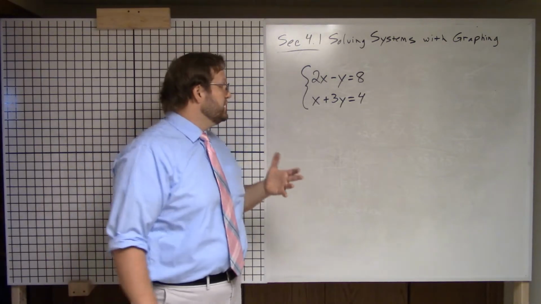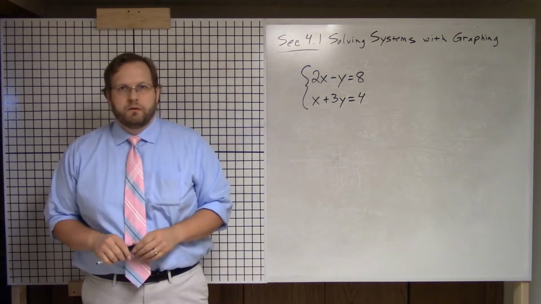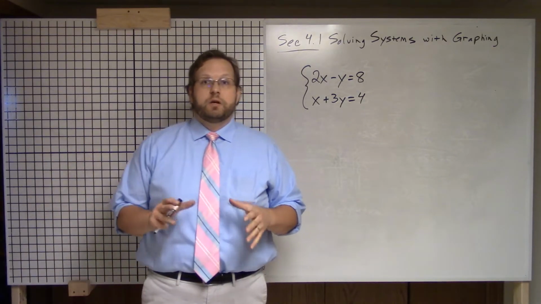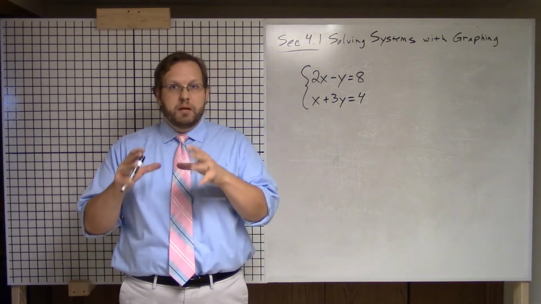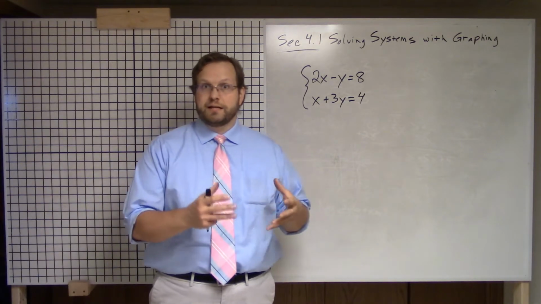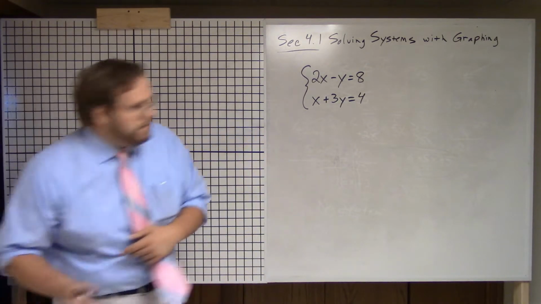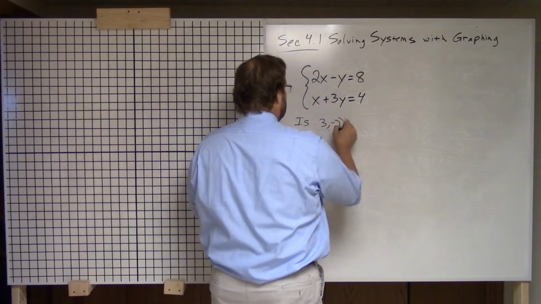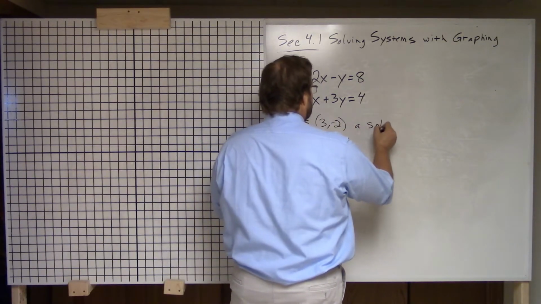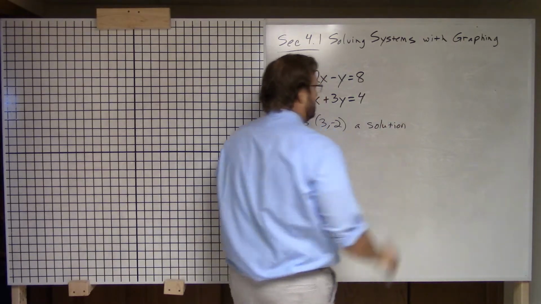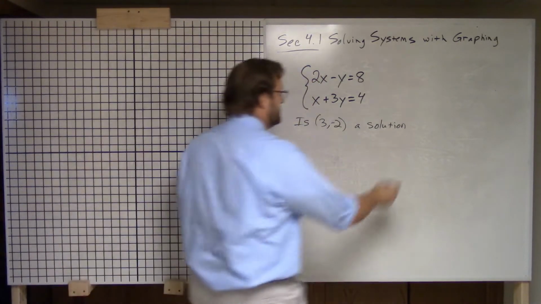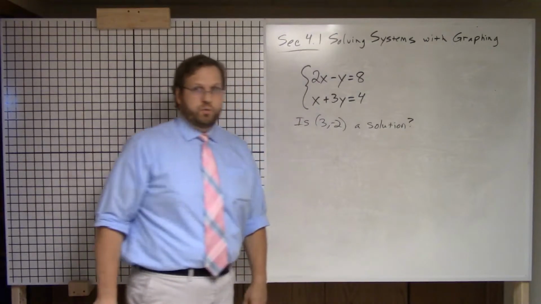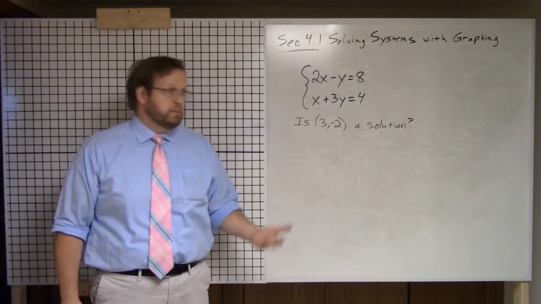A solution is not going to be 5 or 13. It's going to be an ordered pair because we need numbers for the x and the y that work together. So the question is, is (3, -2) a solution to this system?